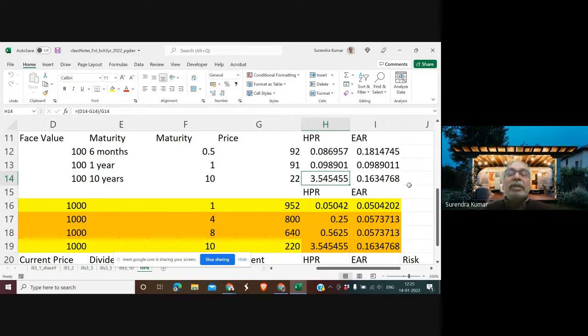I have also explained simultaneously how we calculate the holding period return.